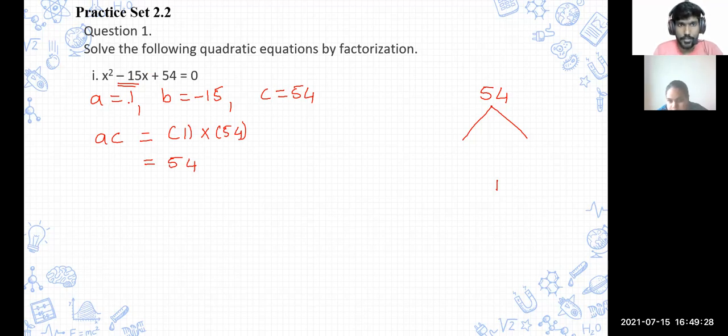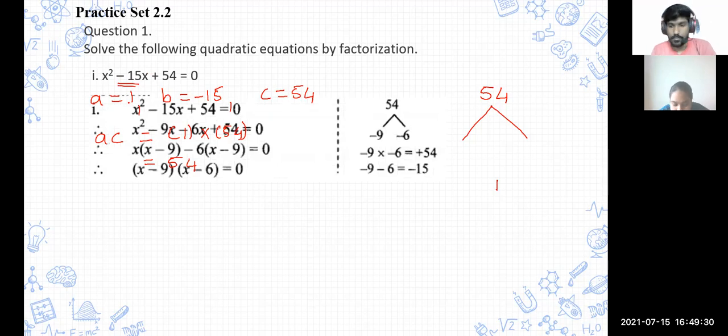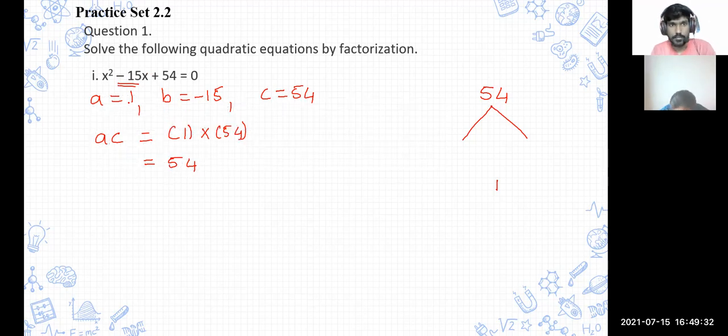What has to be done to 54? Okay. Now, can you think of any two such numbers that after multiplying those two, I should get 54? Just think which two numbers when I multiply, I get 54.